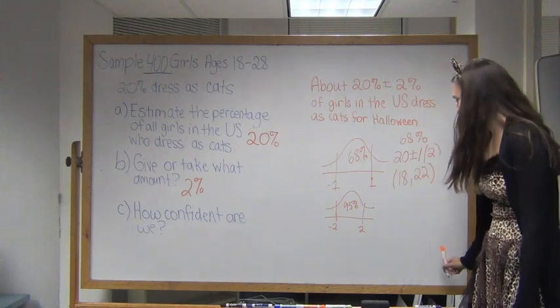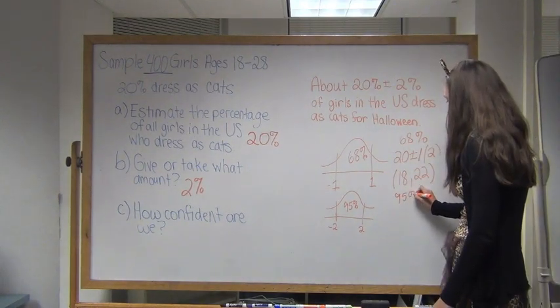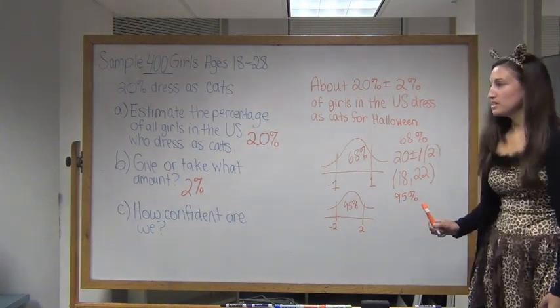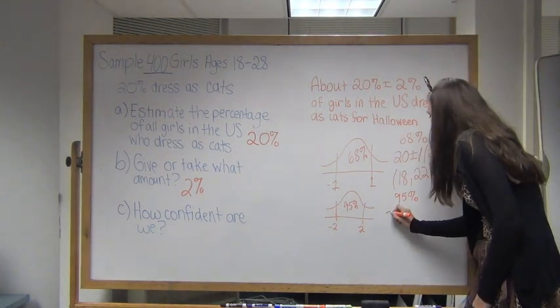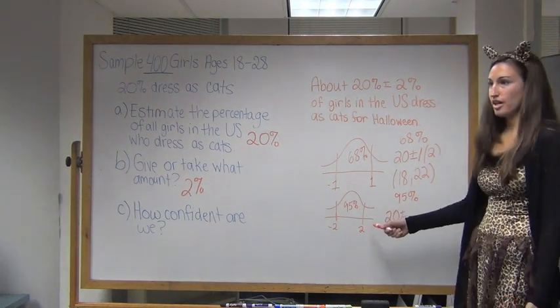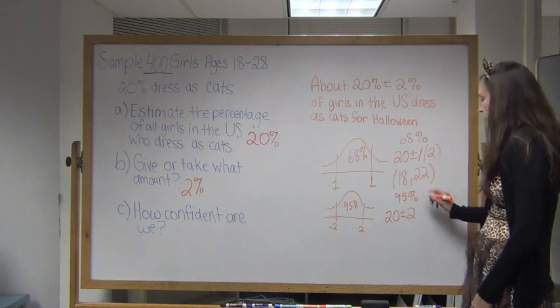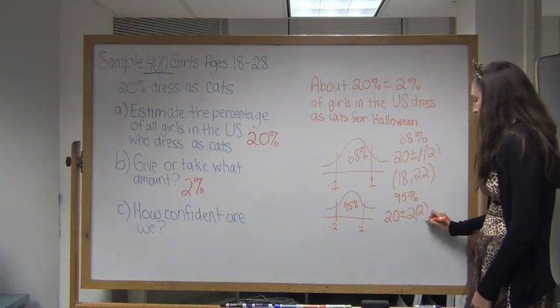95%. So now if we're making that 95% confidence interval, we would say that we have 20 plus or minus 2 standard errors away from the true percent. So 2 standard errors, our standard error is 2, so 2 times 2.